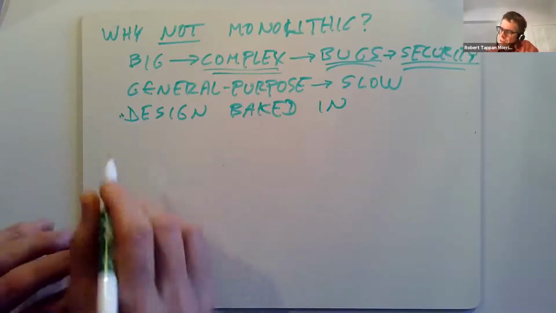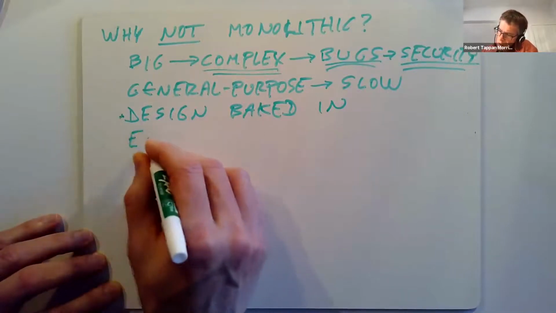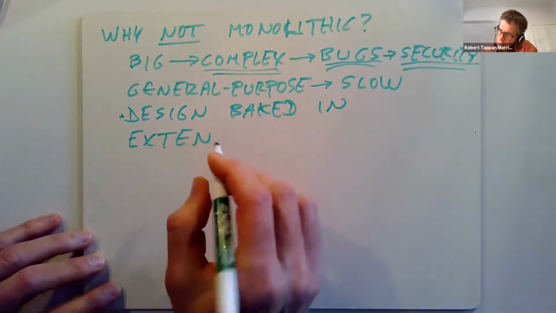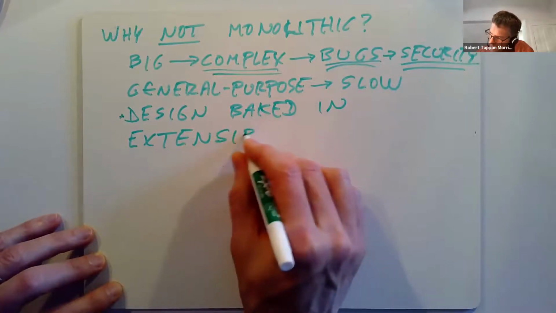And finally, a specific issue that came up in a big way in the 1990s was the notion of extensibility.